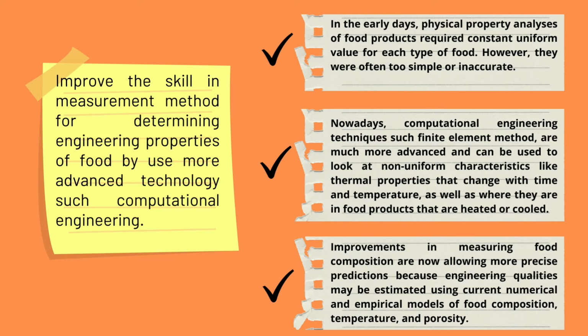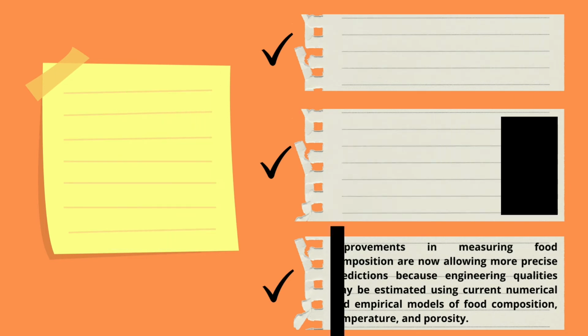Improvements in measuring food composition are now allowing more precise prediction because engineering qualities may be estimated using current numerical and empirical models of food composition, temperature, and porosity. Numerous mathematical functions have previously been fitted to experimental data in order to clarify which components or interactions are significant in a food system.